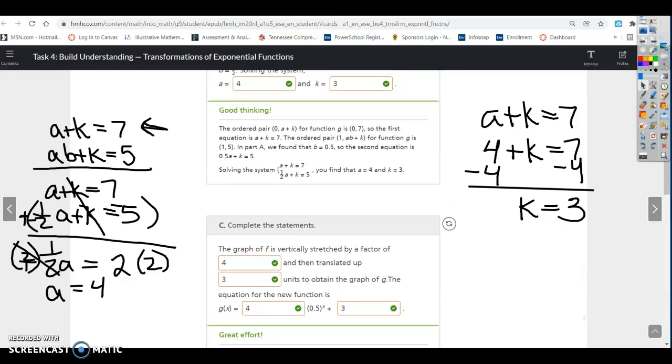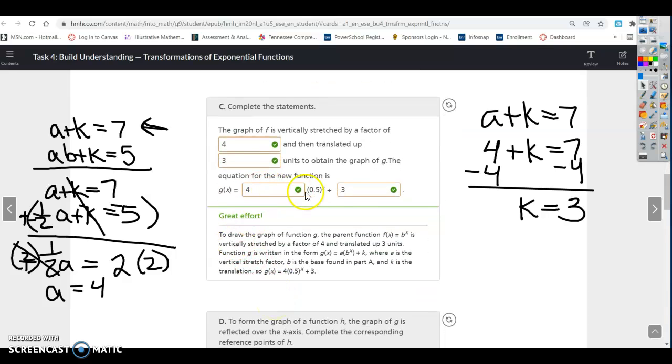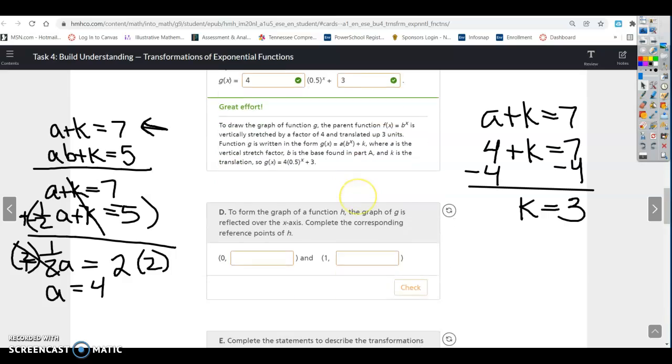And all we did was take the values we found here for A and K and fill those in to this new function G. So G of x equals 4 times 1/2 to the x power plus 3.